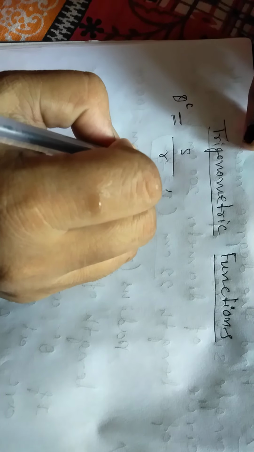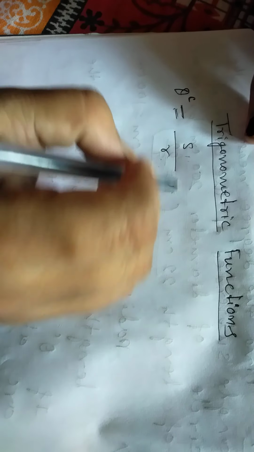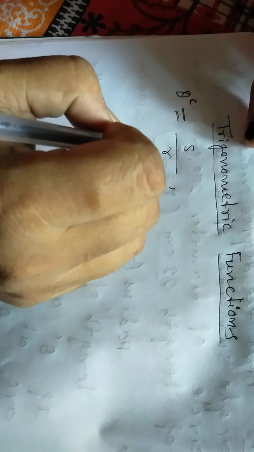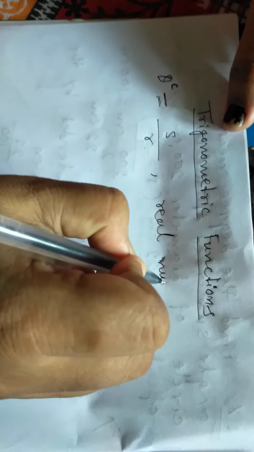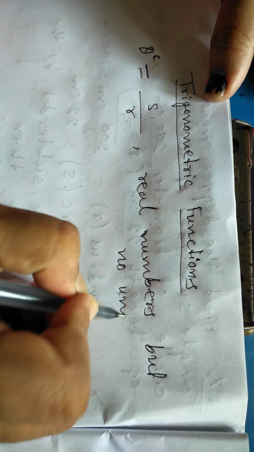Here s and r are both lengths, so obviously they are real numbers, and their ratio is also a real number, but with no unit, because both are similar quantities, both are length, so the ratio has no unit.